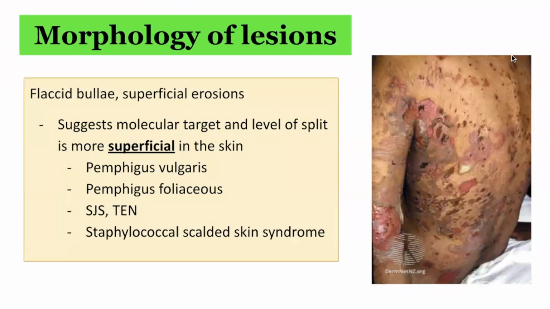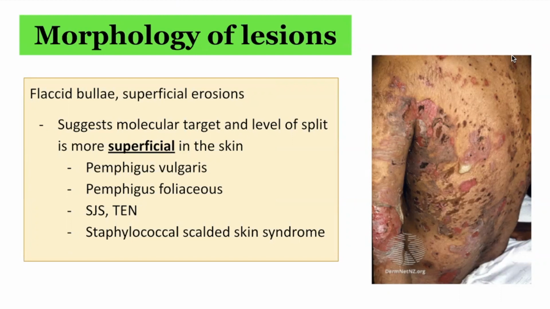So the first option to consider is if the case presents with flaccid bullae with superficial erosions. If the bullae are flaccid, that indicates that the level of split is likely very high in the skin. And because it's very high in the skin, the blister is easily disrupted by trauma, which means the roof of the blister can be easily peeled off, leaving crusting and erosions.